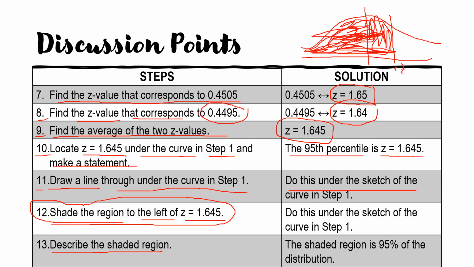Meaning to say, the shaded region is 95% of the distribution. So that's how we make your statement from our figure or graph using your normal curve. If we put your z equal to 1.645, then we shade the region to the left of the z value.